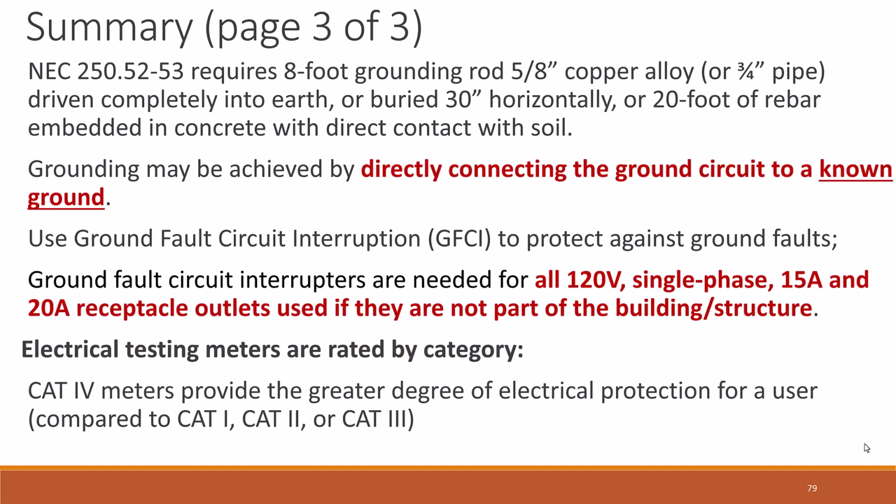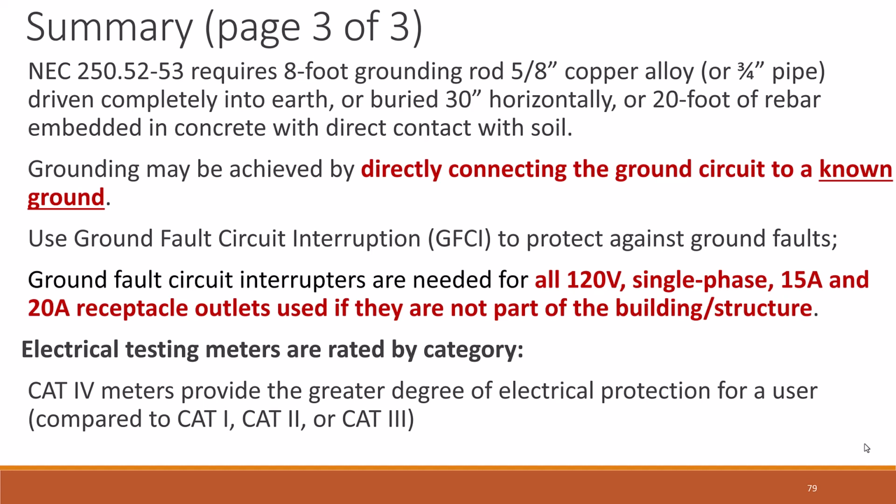And one more page. Remember that grounding thing I was talking about. The NEC 250.52 through 53, that's the NFPA 70, requires 8-foot grounding rod, 5/8 in diameter, made of copper, driven into the ground, or a 3/4-inch pipe driven completely into the ground.